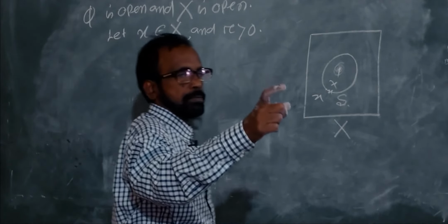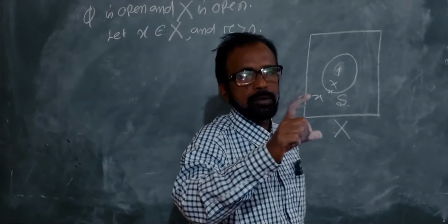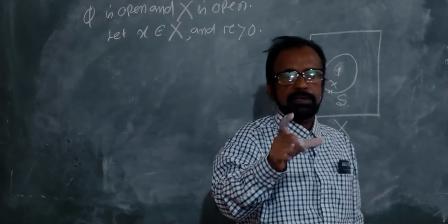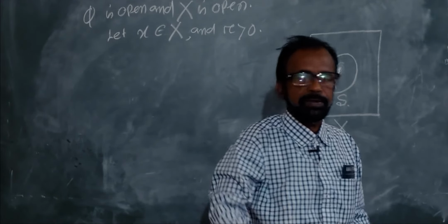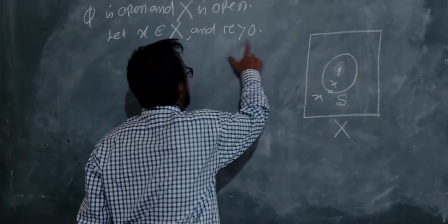The radius is always a distance, and the distance is always greater than 0. The distance between two points is equal to 0 only when the two points coincide. The distance cannot be negative. So r is greater than 0.